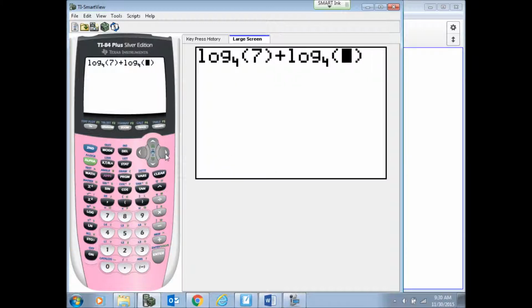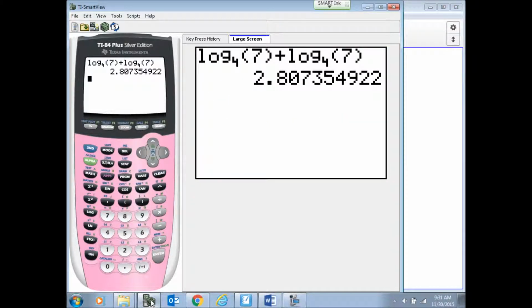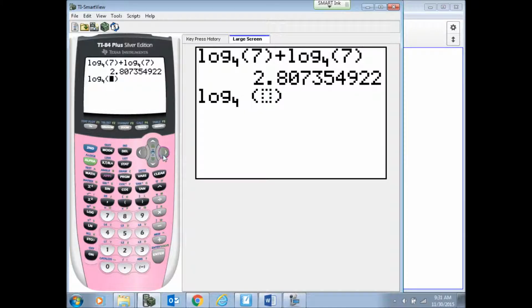Equals 2.807. Okay, so we have that now. We need to do the right-hand side. What's log base 4 of 49? It should be the same if we are correct in our answer. Same thing. So the 7 plus 7 works. Okay, so 4 is right.